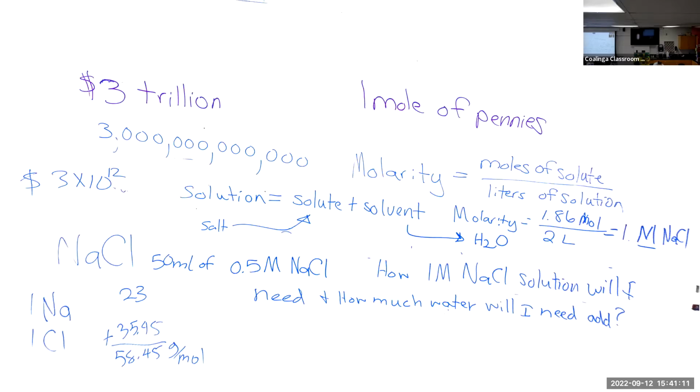Now, there's an equation. We have C1 V1 equals C2 V2. C1 is the concentration initially.